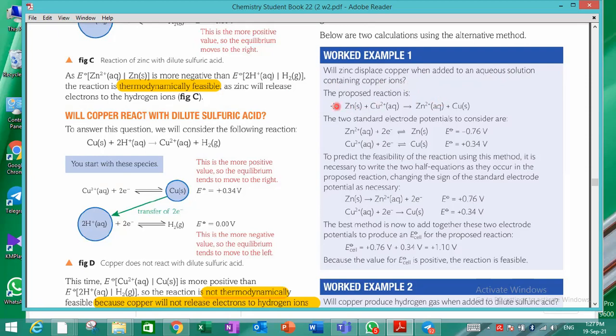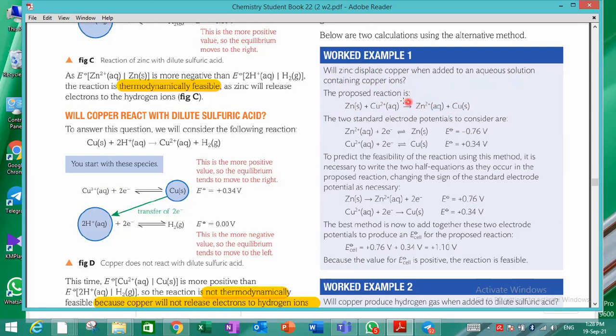So what are we going to do? This equation, will it take place or not? What are we going to do to know?